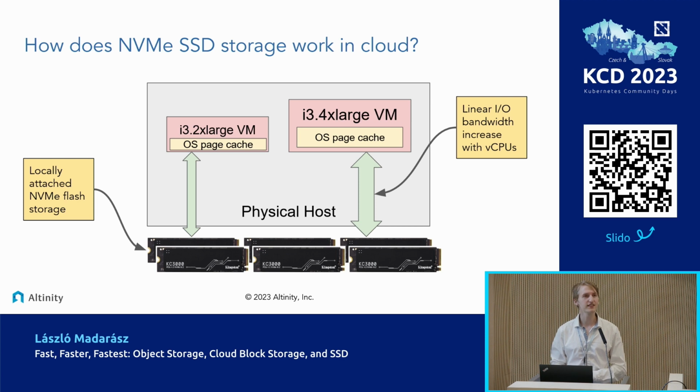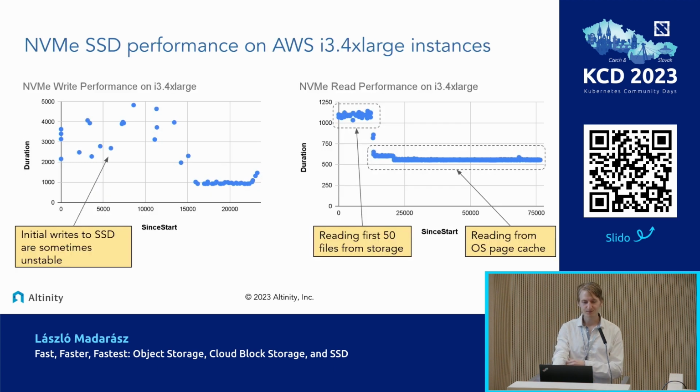The reason is that NVMe, compared to the older standard like SATA, is directly connected to the CPU, and this allows for great bandwidth, but also directly correlates with CPU performance.